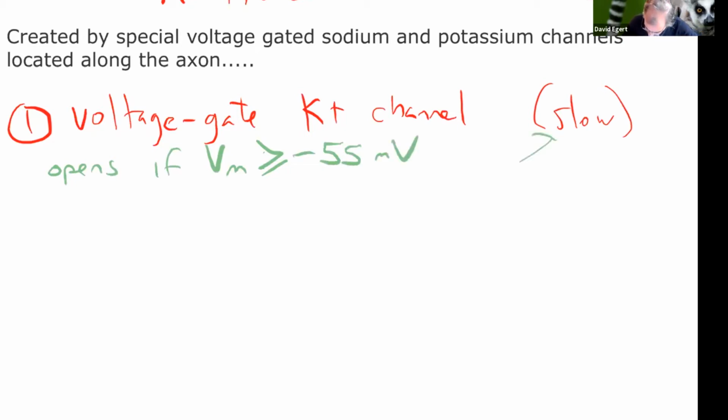Slow, it takes around 1 millisecond to open or close.